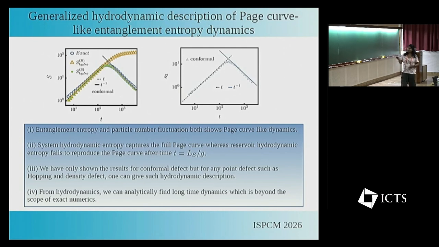Here we can see that the system hydrodynamic entropy captures the full Page curve dynamics, whereas the reservoir entropy fails to reproduce the full Page curve after some time.